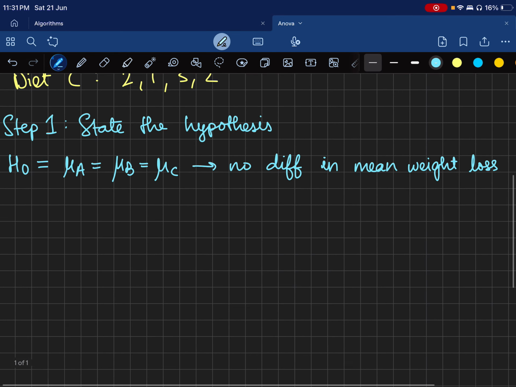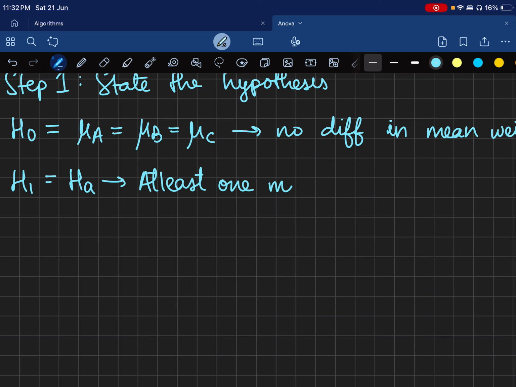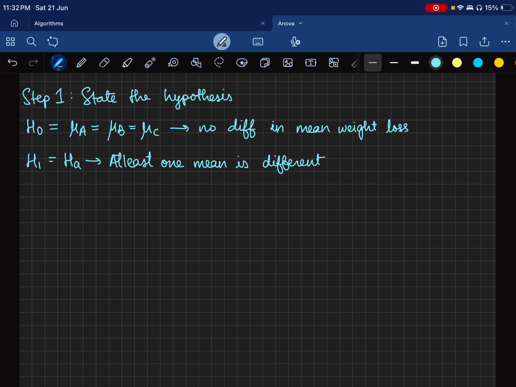And H1, the second hypothesis, the alternate hypothesis, also called HA, which means at least one mean is different. This is your first step. Always remember you have to state one null hypothesis and one alternate or first hypothesis. Now let's start with the actual solving part of the question, which mostly involves using your calculator.